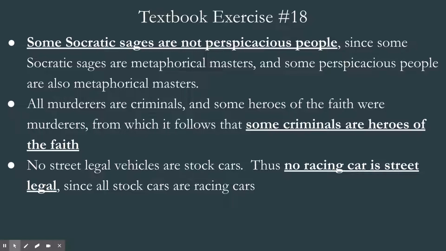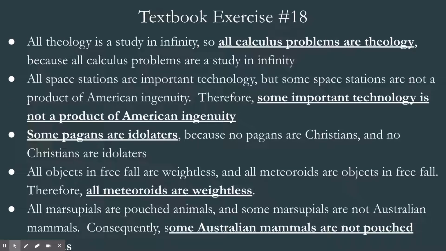Vale? I think number 5 is a really bad argument. All marsupials are pouched animals, consequently, and some marsupials are not Australian mammals. Consequently, some Australian mammals are not pouched animals. Yeah, it may be, and you're going to learn how to evaluate that argument in a few days to see if it actually is a bad argument or not.